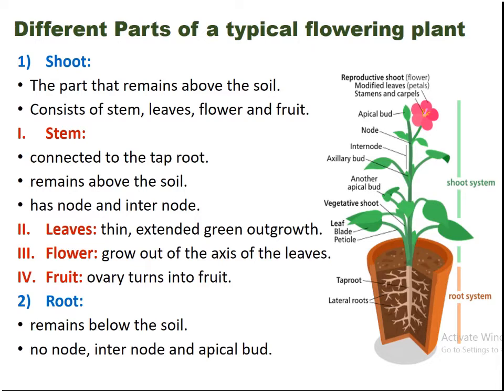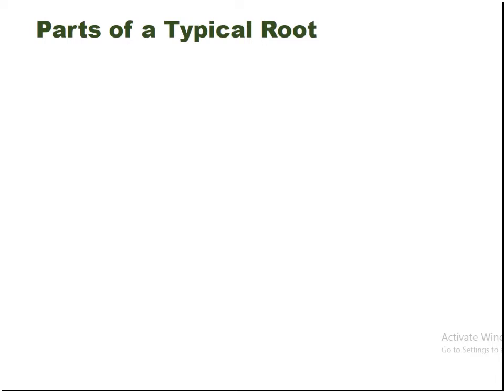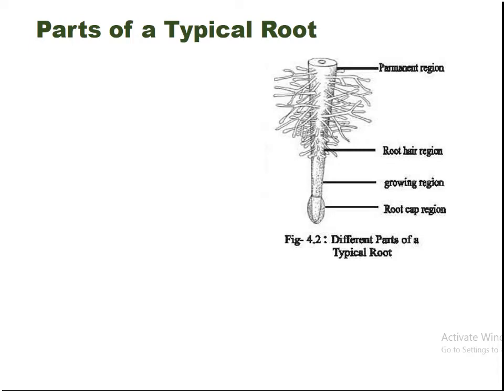So let's start. Now here, see this is a diagram of a root with its different parts. Usually a typical root consists of four parts. The first one is called the root cap.